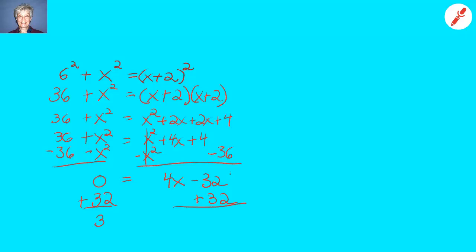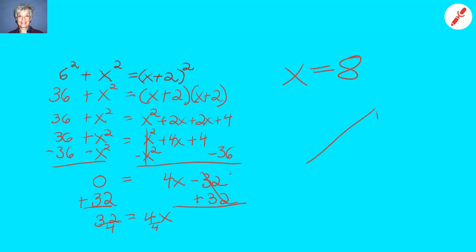So I'll have 32 equals 4x. Then when I divide both sides by 4, I will get x equals 8. But what are we looking for? Well, we're looking for the length of the side we don't know, that is x.